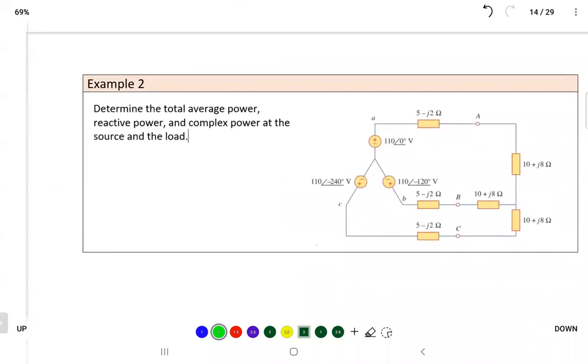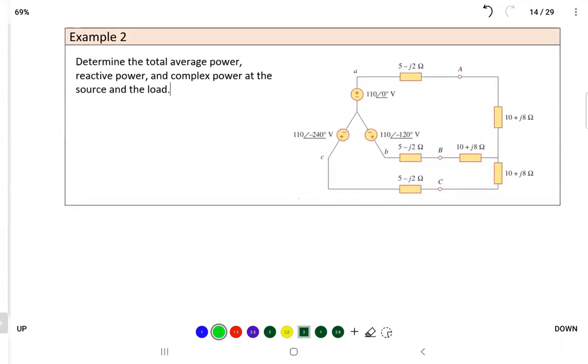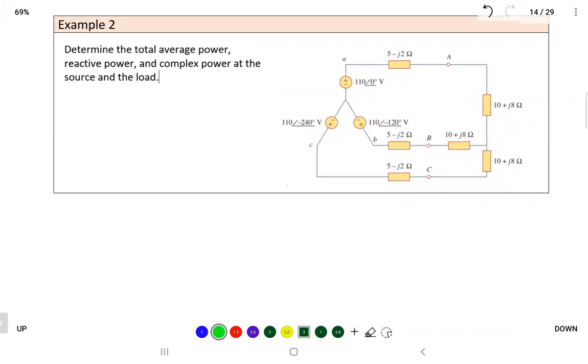Let's take an example. We want to determine the average power. Average power has different names: real power, active power, the watt. We want the active power, the reactive power in vars, and the complex power at the source and the load. That's the source, obviously, here.